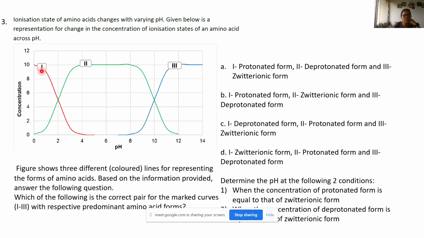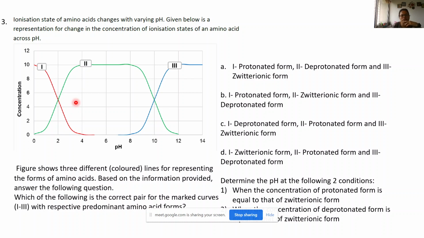If you see this red line, with increasing pH this particular ion form is decreasing, so it is giving you some hint. I think one is protonated form. Correct.